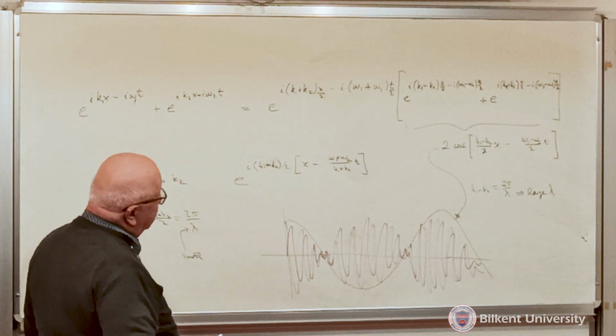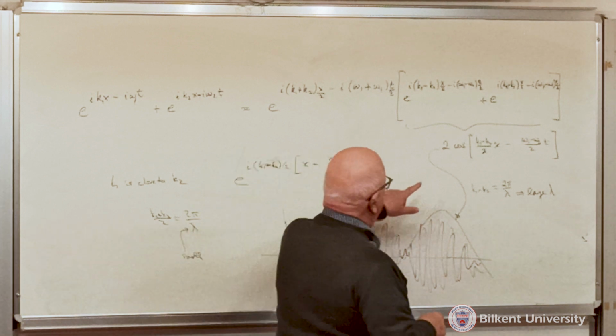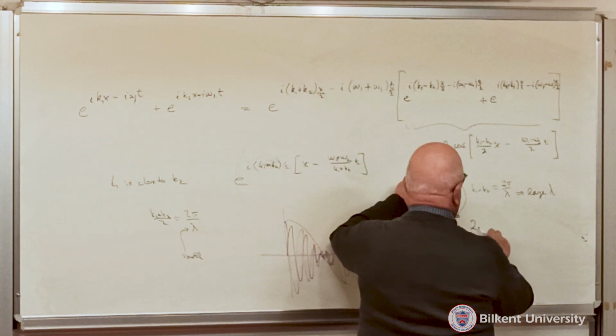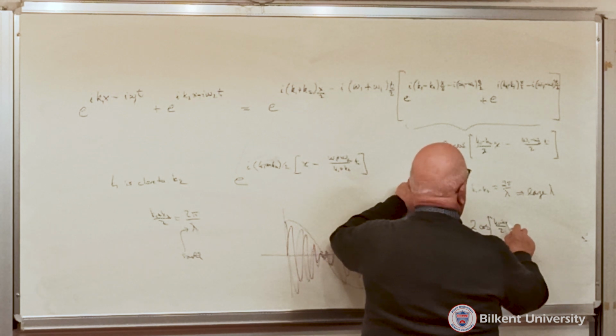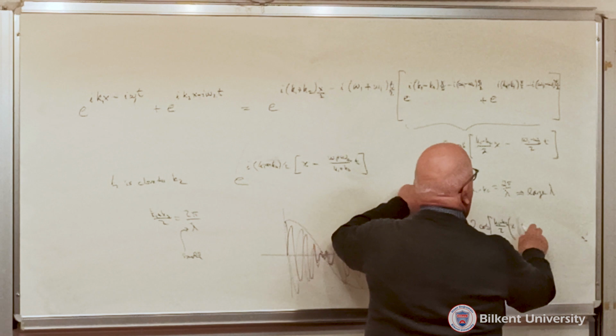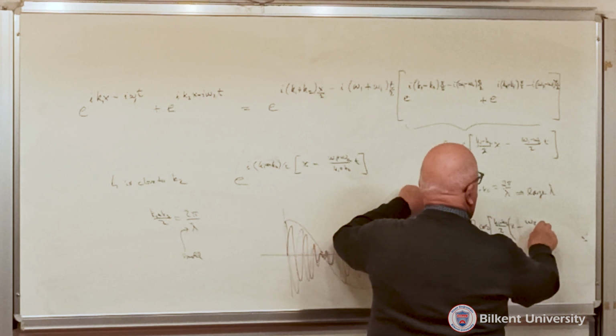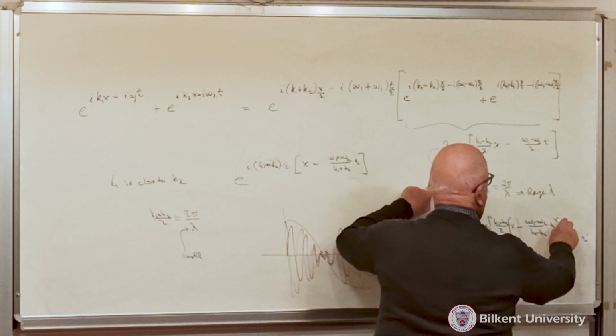Now, if you look at the velocity of the cosine function, I am going to write this as twice cosine of (k1 minus k2) over 2 times x minus (omega 1 minus omega 2) over (k1 minus k2) t.